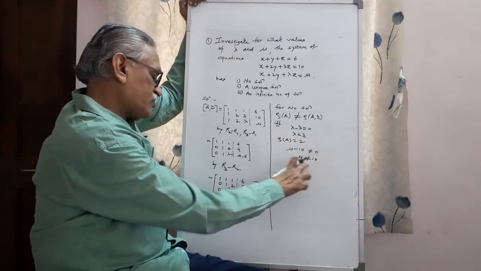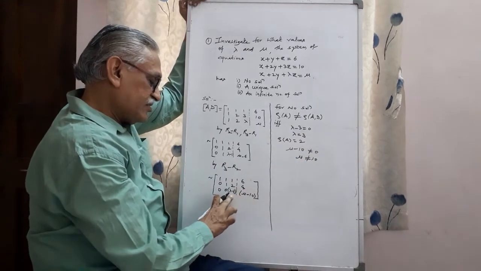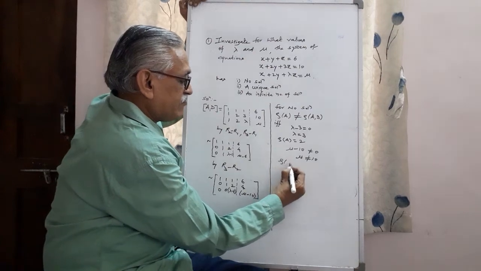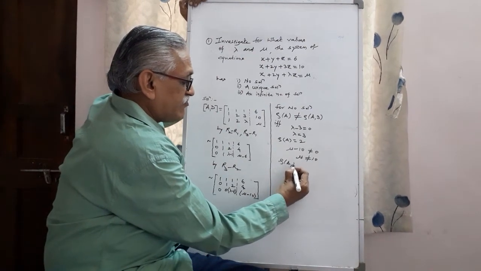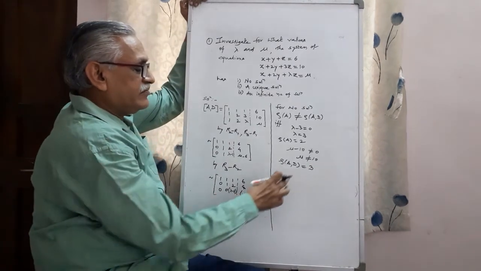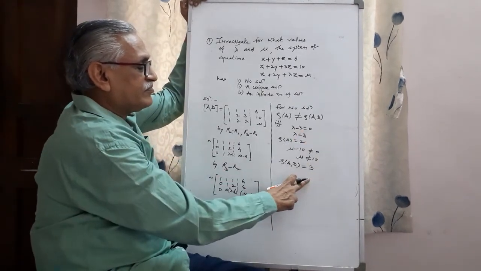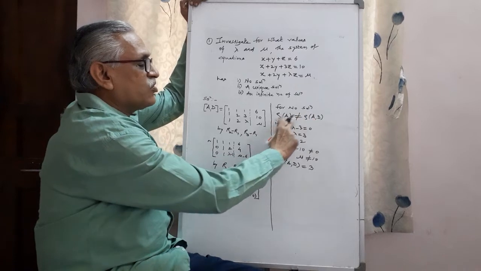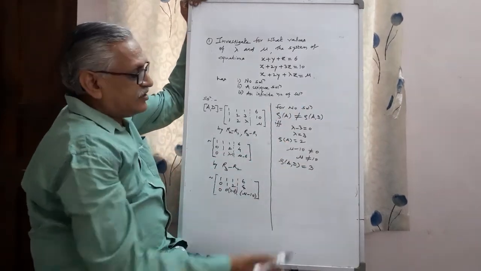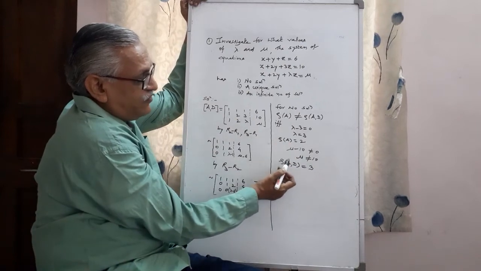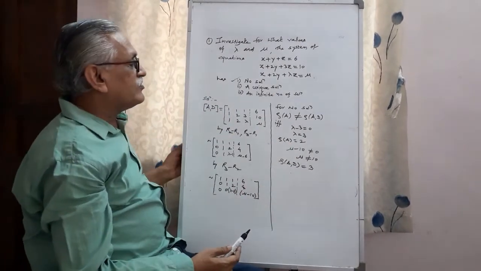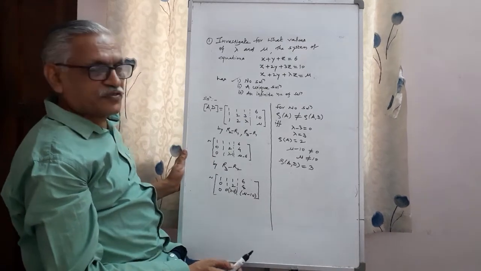If mu is not equal to 10 and lambda minus 3 is equal to 0, the rank of augmented matrix is 3, and in this case these two ranks are not equal, and as ranks are not equal we get no solution. Therefore these are the values for which we get no solution.